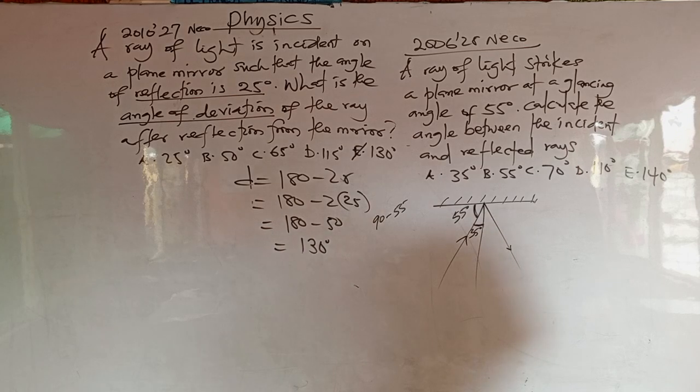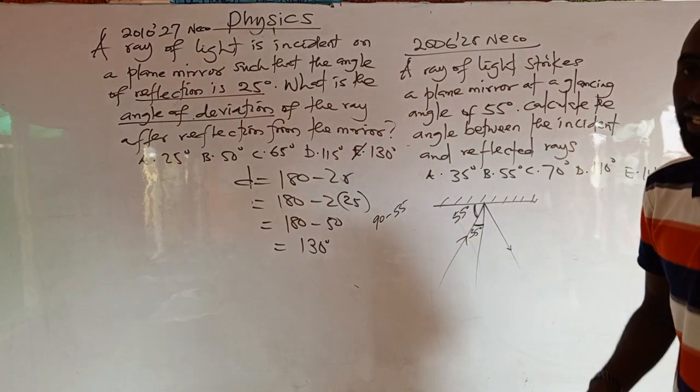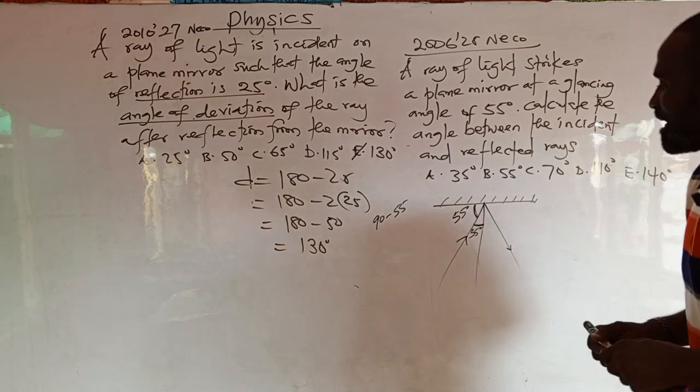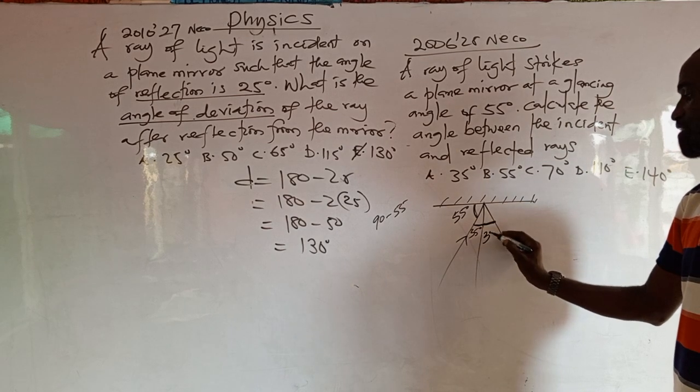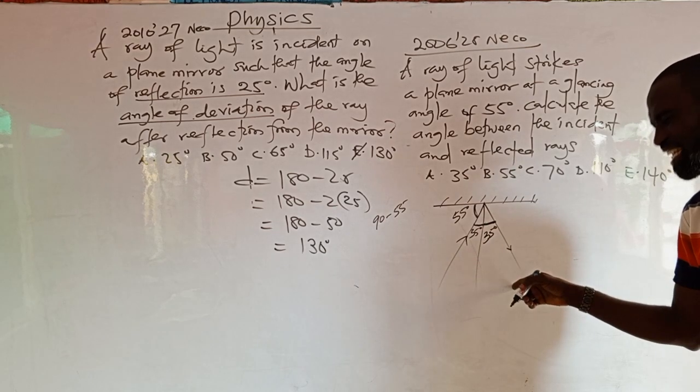Remember, from the second law of reflection, the angle of incidence is equal to the angle of reflection. So if this is 35 degrees, this is also 35 degrees.